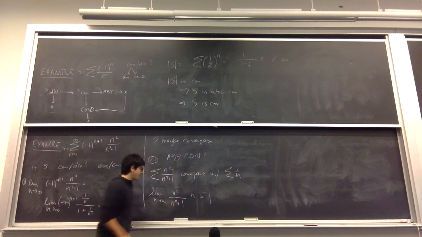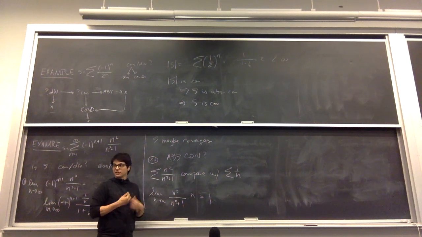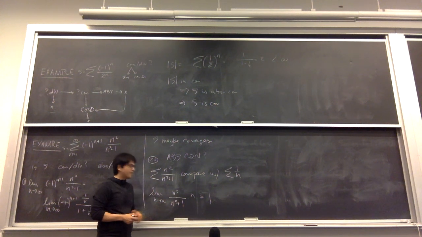Because it's n cubed over n cubed. You ignore all but the highest terms and just look at their coefficients. So we get 1 here. So what does the limit comparison test tell us? Because that is divergent, the whole thing is divergent.